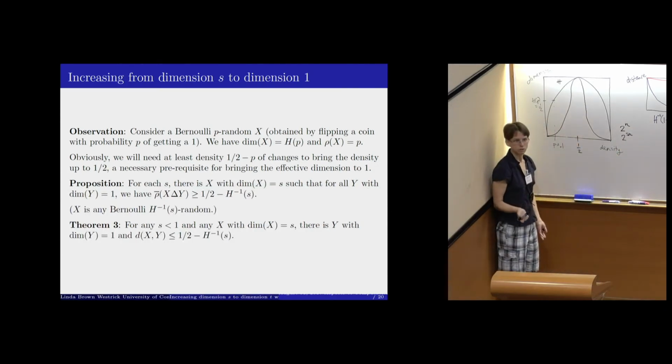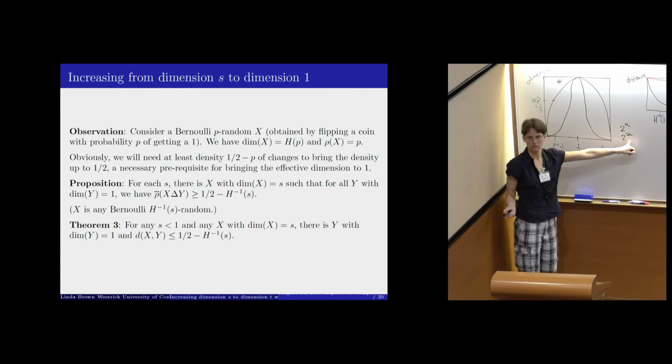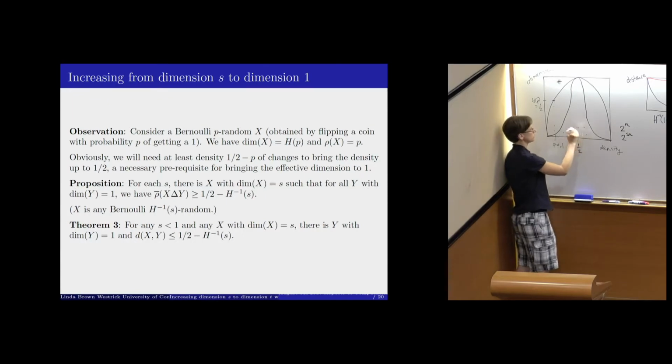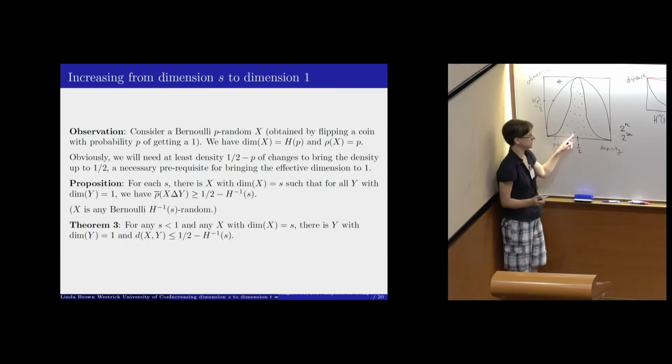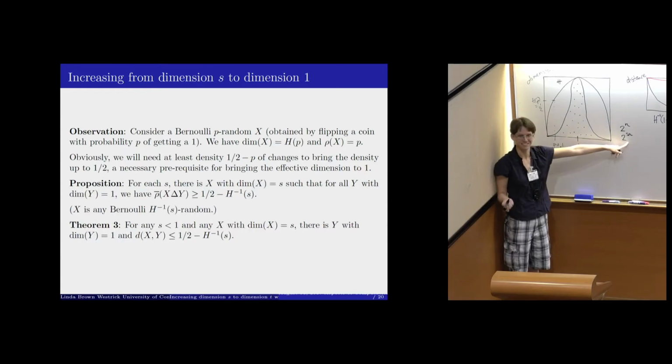But they actually are pretty evenly distributed, because, for example, you could come up with a set that has a short description and has size 2 to the Sn by just saying, give me 2 to the Sn points evenly distributed throughout this space. Every one of these 2 to the Sn points is in an easily describable set of size 2 to the Sn, so each one of these points is going to have dimension less than S.